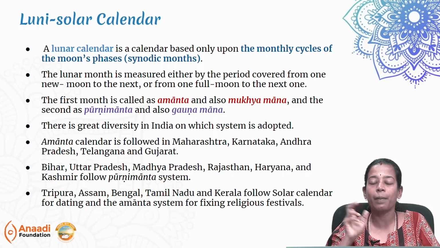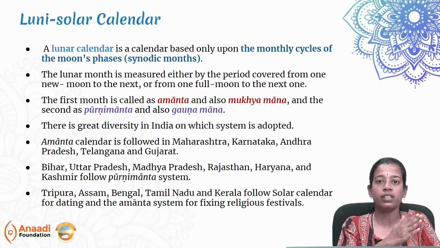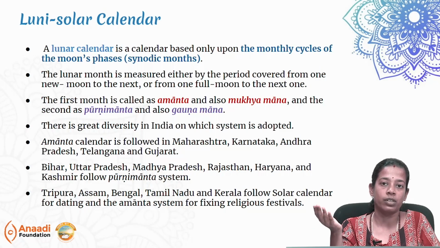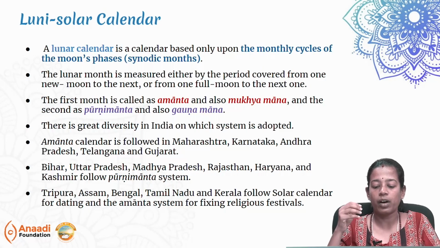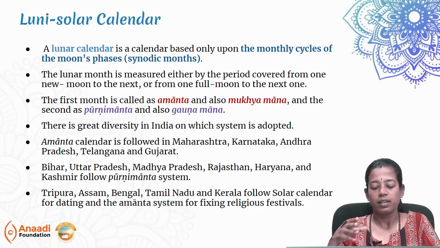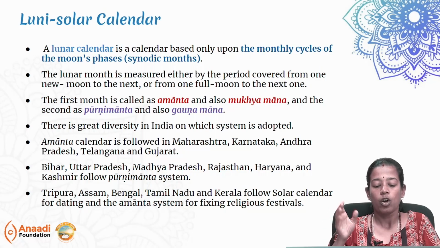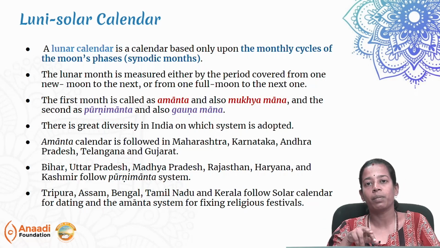So, if you see the Amanta calendar, wherein we measure the synodic month from one new moon to another new moon cycle, regions of Maharashtra, Karnataka, Andhra Pradesh, Telangana and some other regions of Gujarat, all of these follow the Amanta system. Whereas Uttar Pradesh, Bihar, Jharkhand, Uttaranchal, Madhya Pradesh, Rajasthan, Haryana, Kashmir, all of these follow the Purnimanta system.